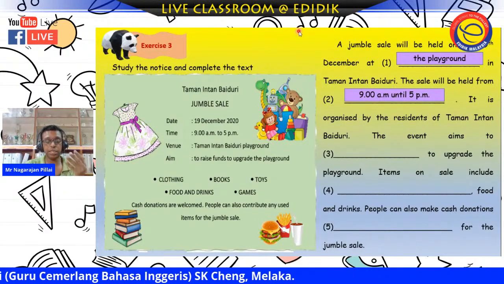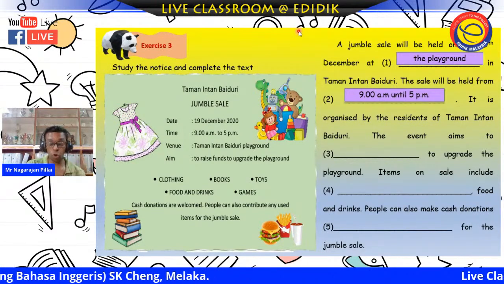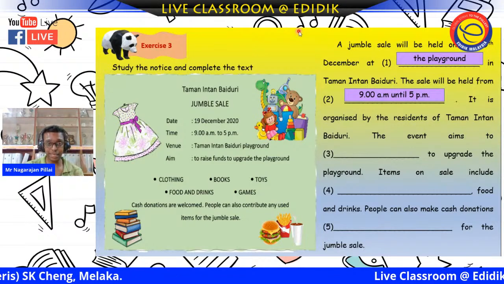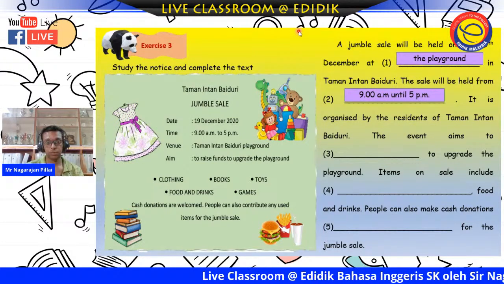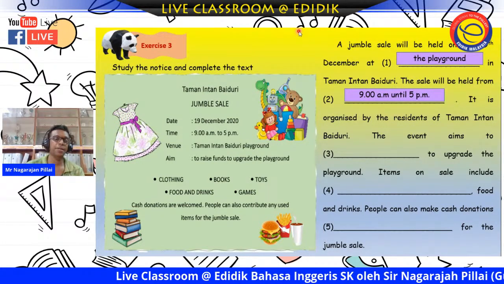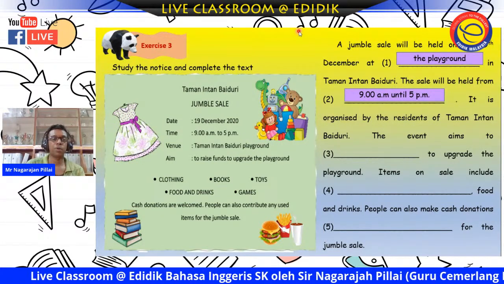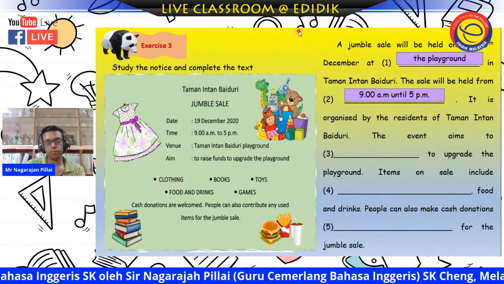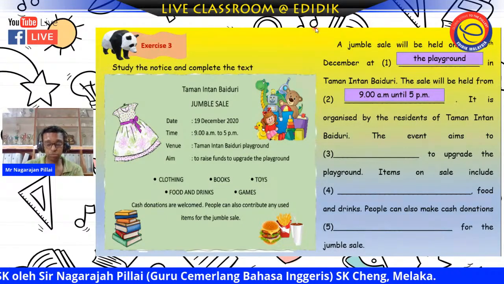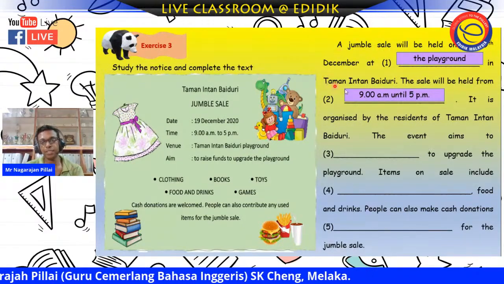Jamal has a tuition from 10 a.m. to 12 p.m. We are talking about Jamal. That's why we use from to. But when we are talking about activity, we say from until. Clear now? Good. Let's continue.